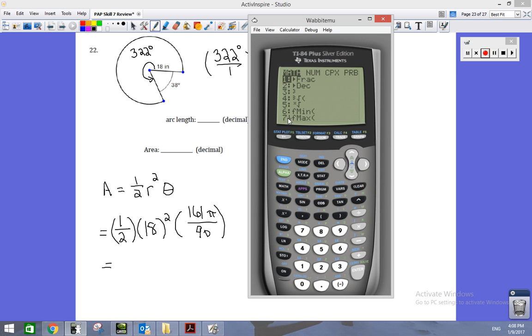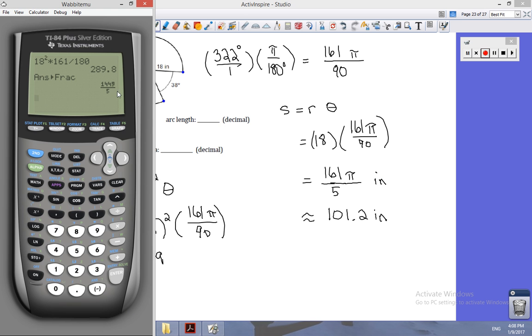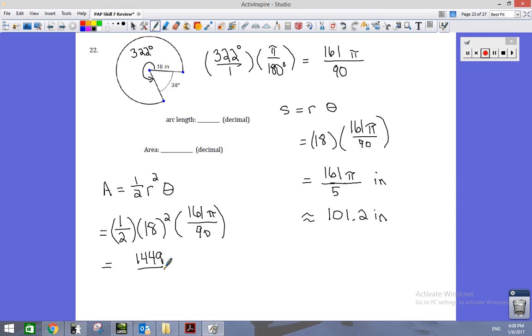Let's convert that decimal to a fraction. Boy, that is one ugly answer. I have a hard time seeing it. Let's make it bigger. 1449 over 5, and that's in square inches.